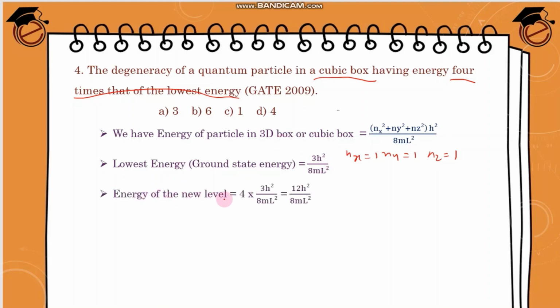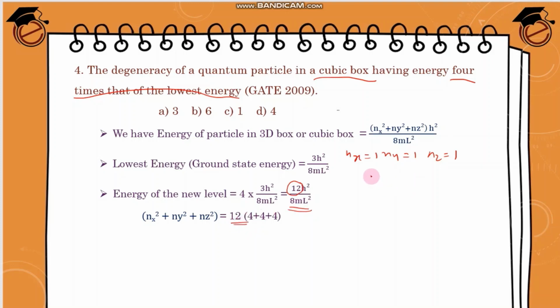Energy of the new level is 4 times that of the lowest energy level, that is 12h square by 8ml square. Now we have to compare this value 12 in terms of nx, ny and nz. That is nx square plus ny square plus nz square equal to 12.